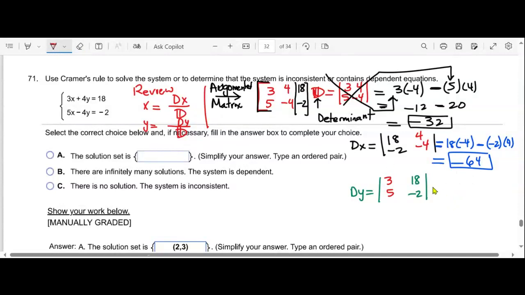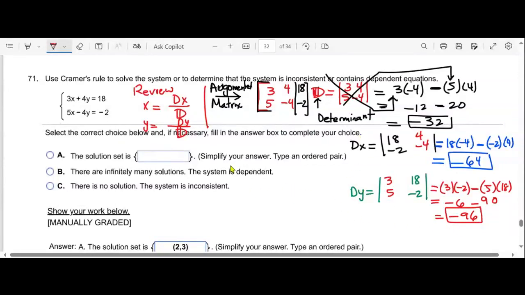So it's equal what? 3 times -2, minus 5 times 18. Yalla, tell me how much? Minus 96. Sure? Can you double check it, please? 5 times 18, how much? 90.